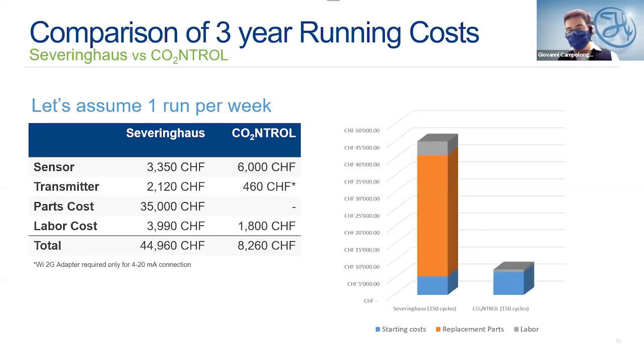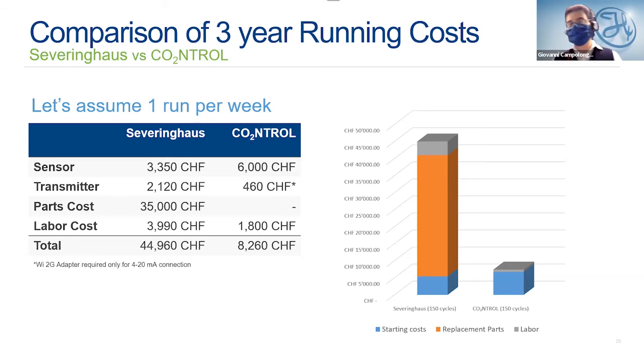In short, with this sensor, you only have the initial costs because you don't have to replace any part along the entire life cycle of the sensor. There are no spare parts. You just have to calibrate it from time to time. You don't have to replace a membrane. You don't have to refill the electrolyte. And you don't have to change the inner body pH sensor, which is something you need to change with the Severinghaus technology.